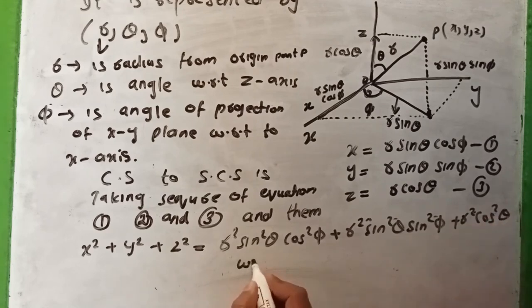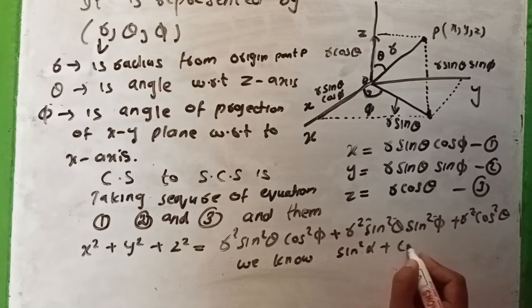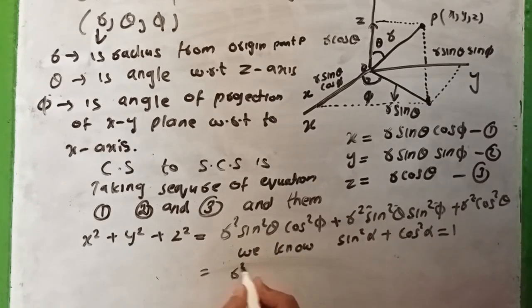We know sin square alpha plus cos square alpha is equal to 1. So from the first two terms we take common r square sin square theta.